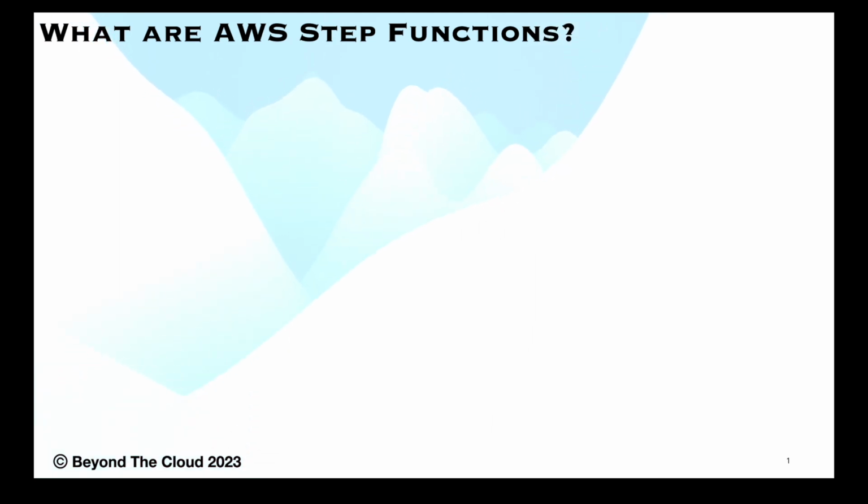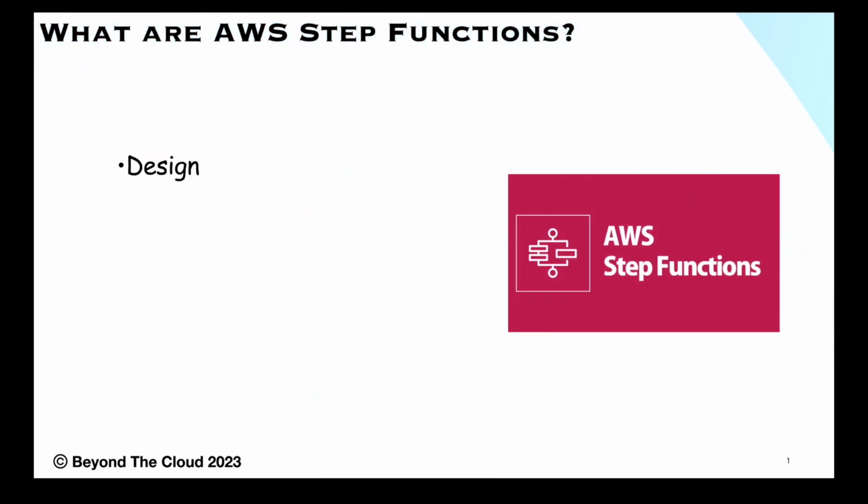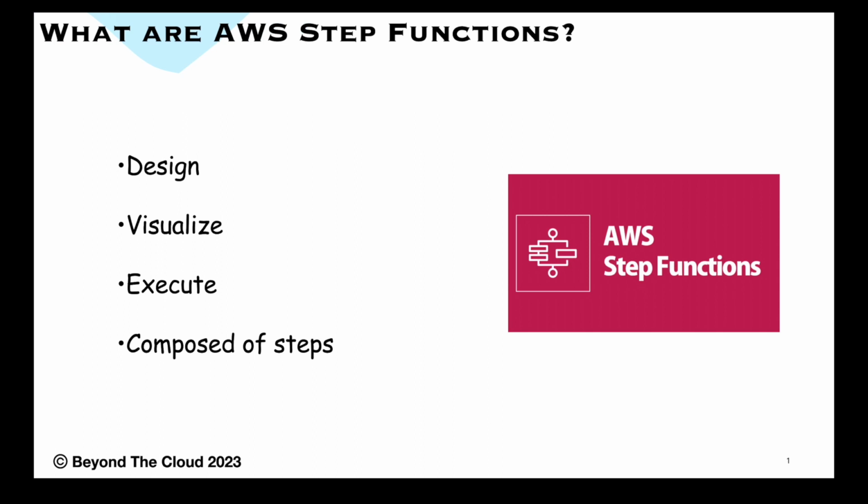So first of all, let us concentrate on what Step Functions are. AWS Step Functions is a cloud service provided by Amazon Web Services that facilitates the coordination and management of multiple AWS services to build scalable and reliable applications. So what does it mean actually?